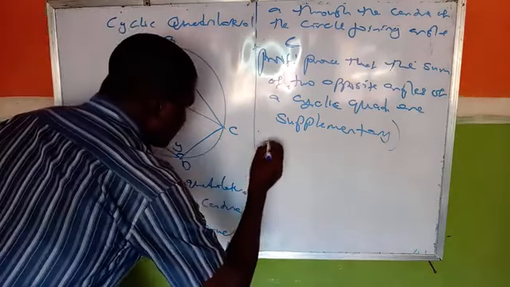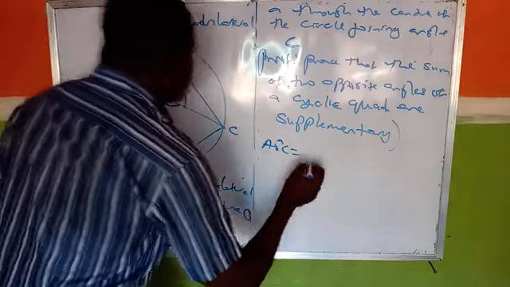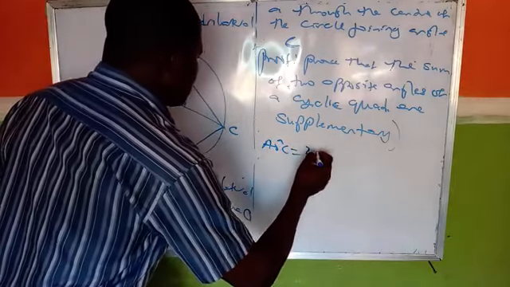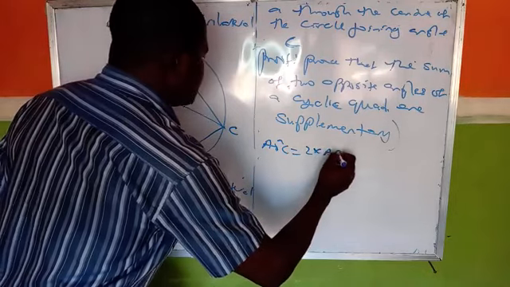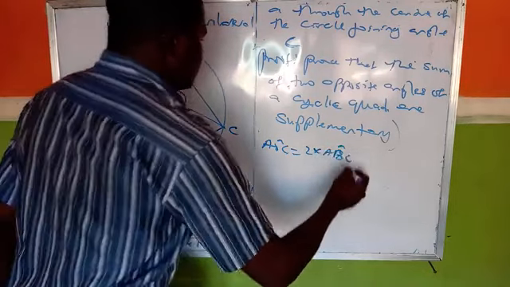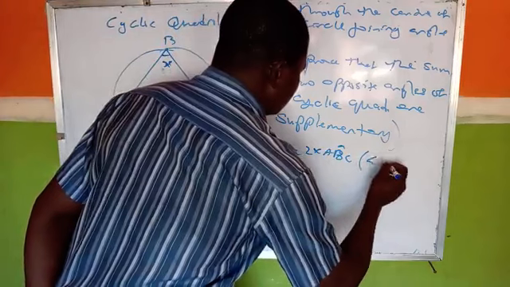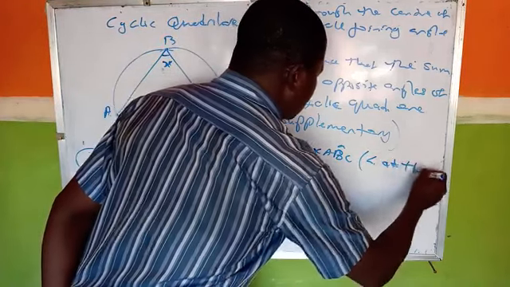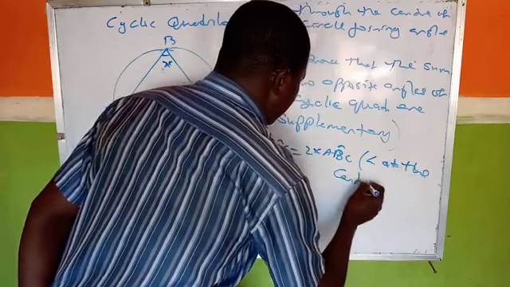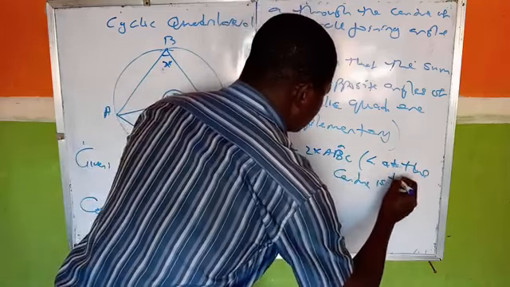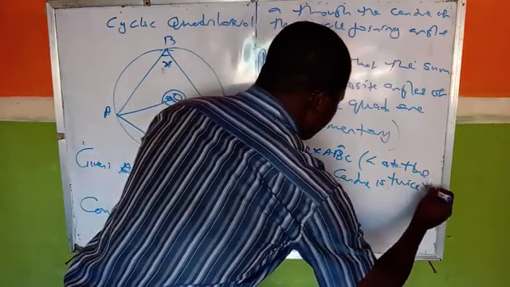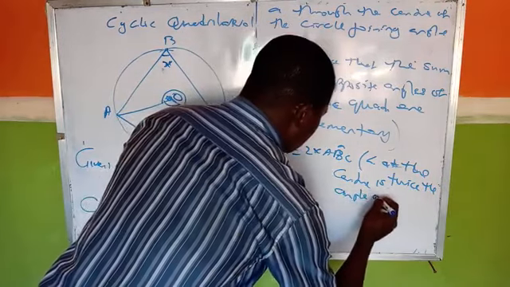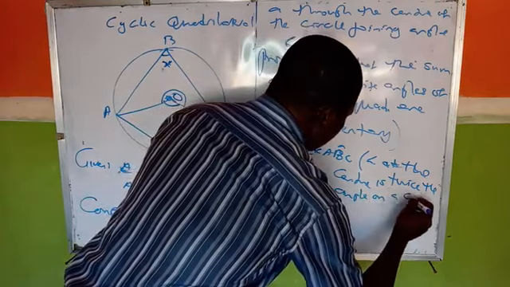So here you have angle AOC is equal to 2 times angle ABC. Then you put together that the angle at the center is twice the angle on the circumference.